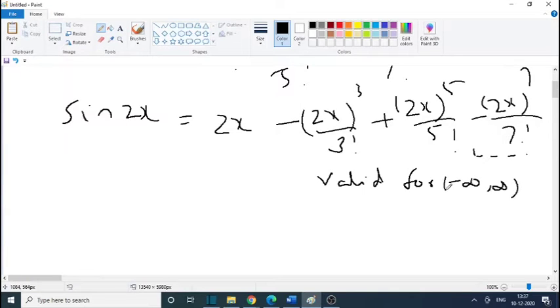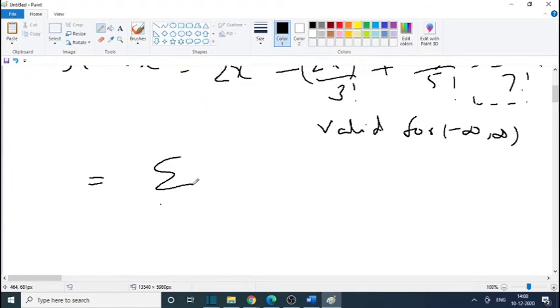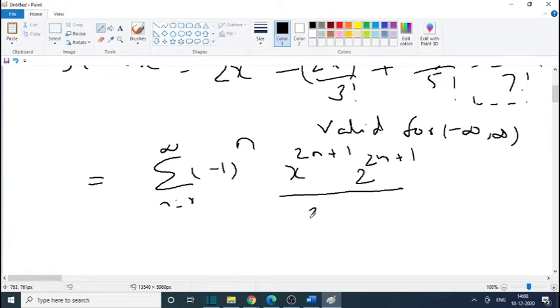The whole thing is valid for all x. So we could write sigma n equal to 0 to infinity, minus 1 raised to n, x raised to 2n plus 1, 2 raised to 2n plus 1 by (2n plus 1) factorial, and the interval of convergence is minus infinity to infinity.